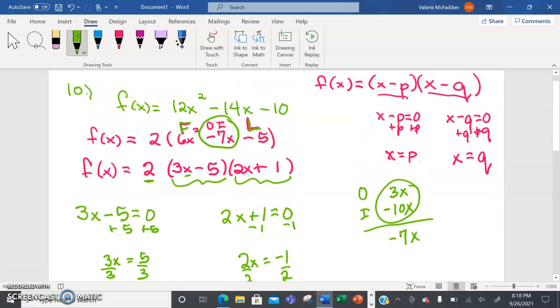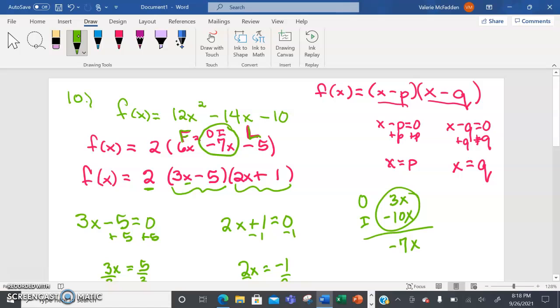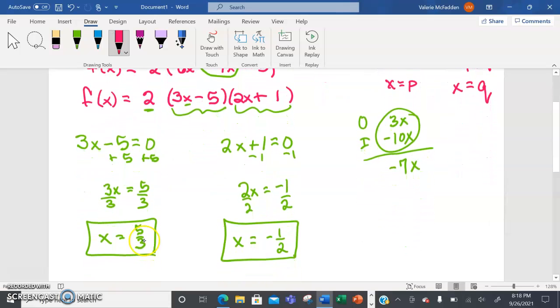And you could always check your work by going to Desmos. Remember Desmos? D-E-S-M-O-S. And you could type in the original function, and you can see its x-intercepts are going to be 5/3, which is exactly 1 2/3, and -1/2.